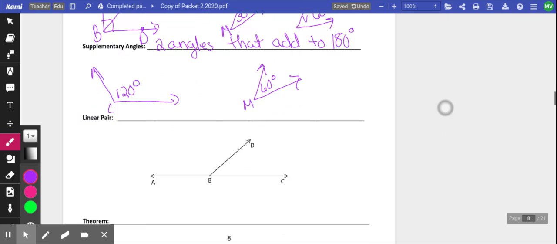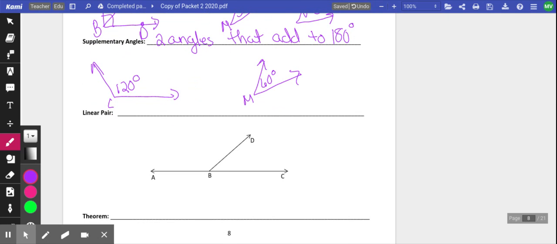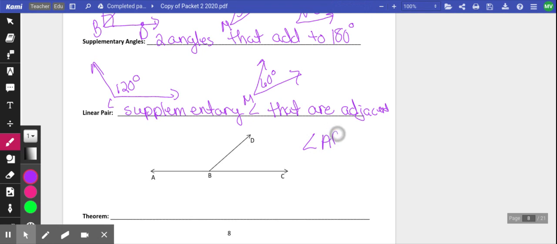A linear pair, which is really, really important, are supplementary angles that are adjacent. So this example down here of angle ABD and DBC.